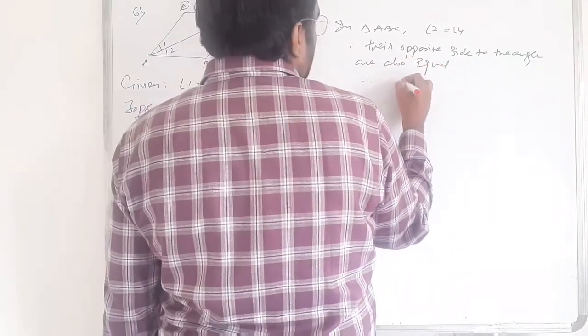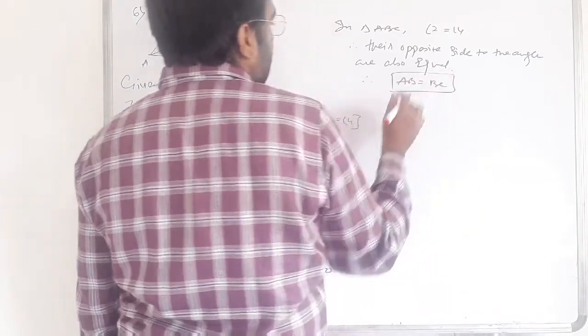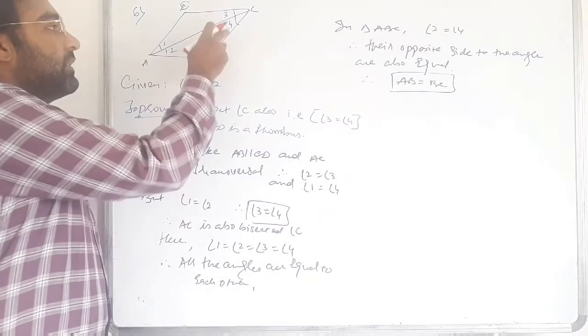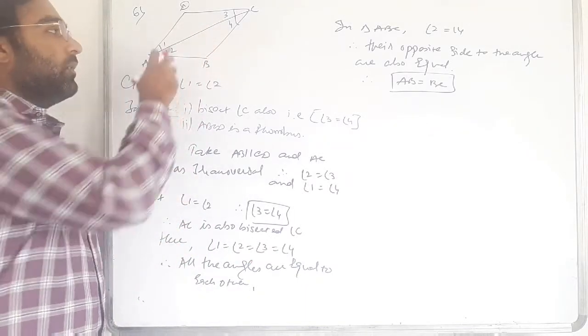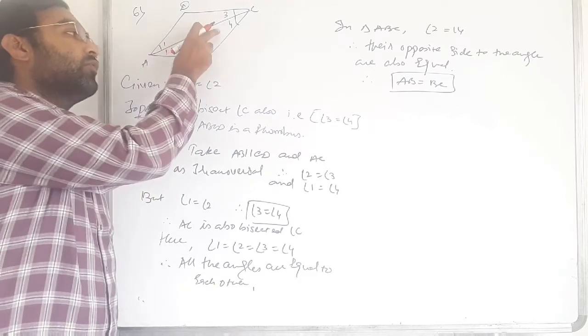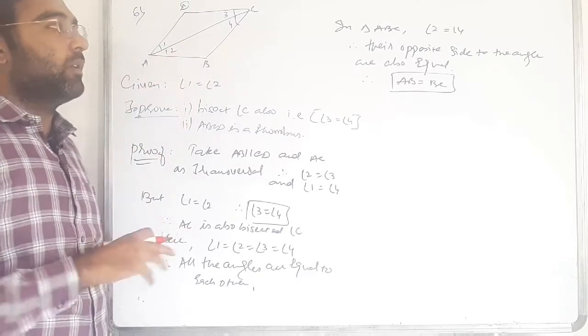Therefore AB is equal to BC. We know that triangle ABC is an isosceles triangle because its two base angles are equal, so their opposite sides are also equal.